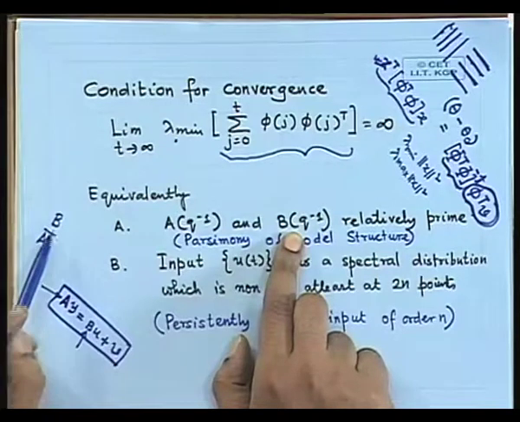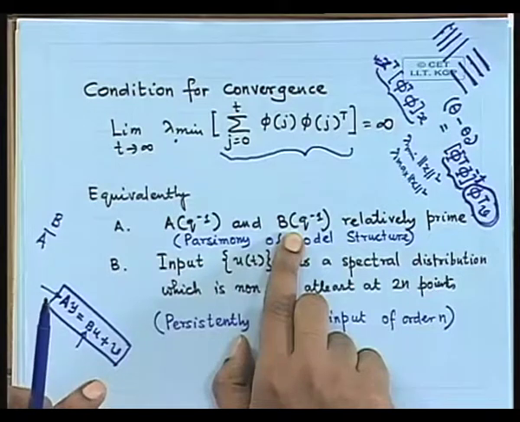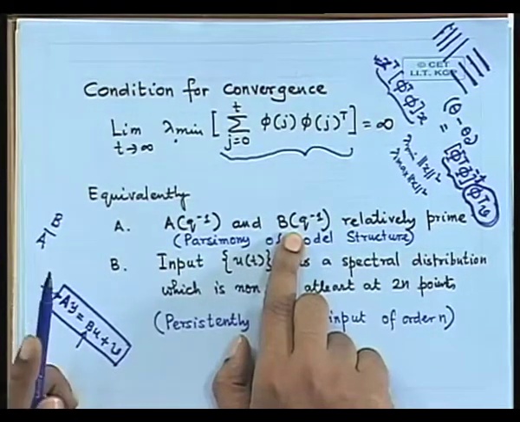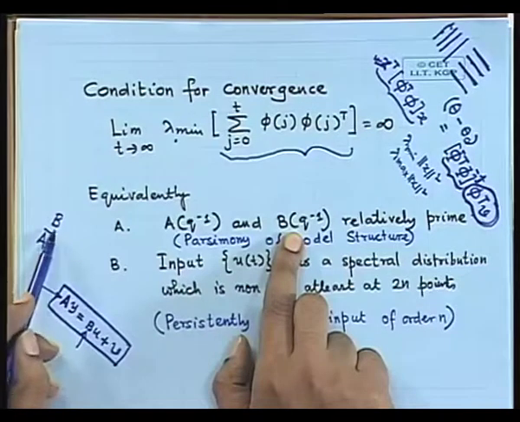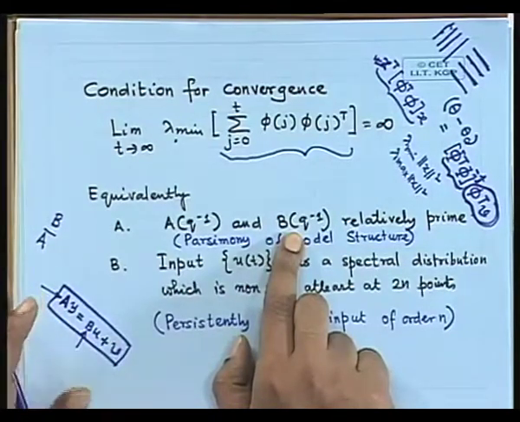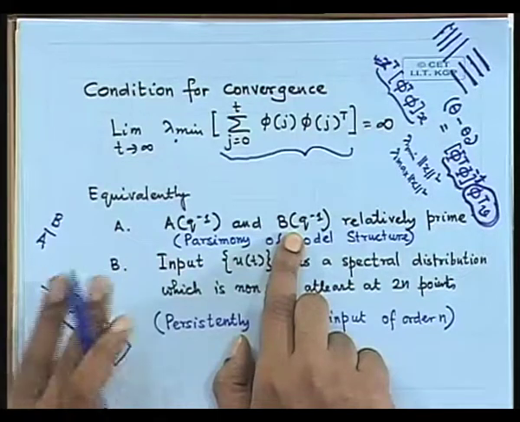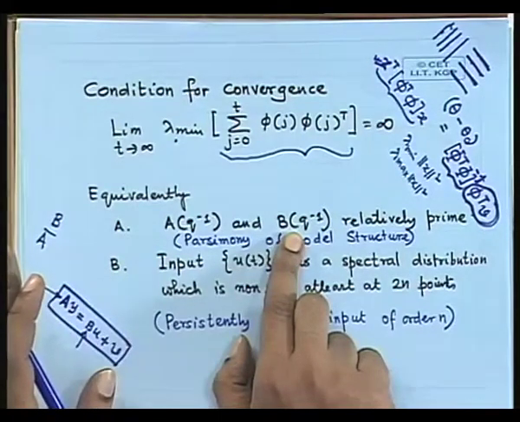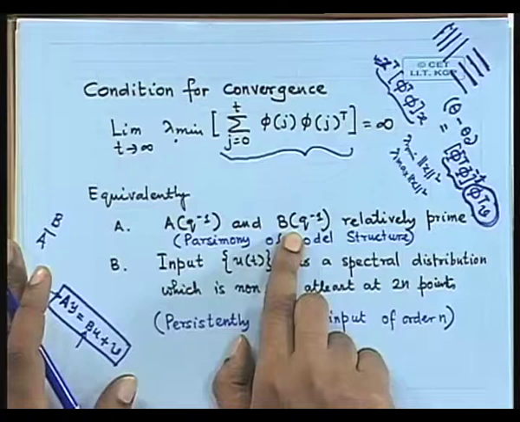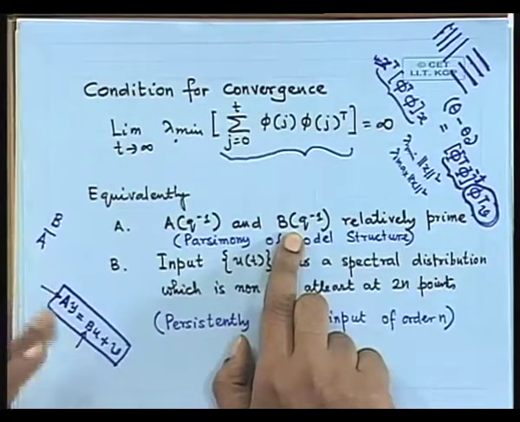So if they have common factor, then this B by A can be further simplified by cancelling that factor. But if they do not have common factor, then it means that B by A cannot be simplified further. So it is in its most simplified form. That is why it is called a parsimonious structure. Right? Parsimony means simplicity.